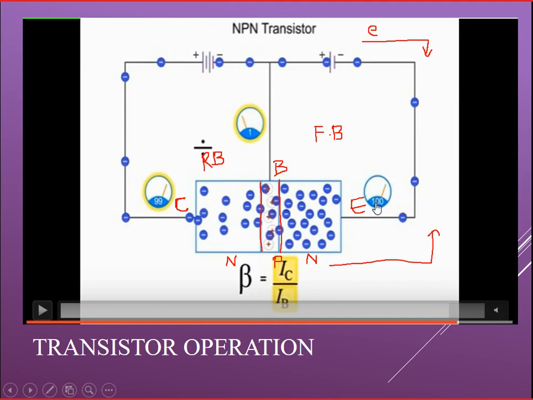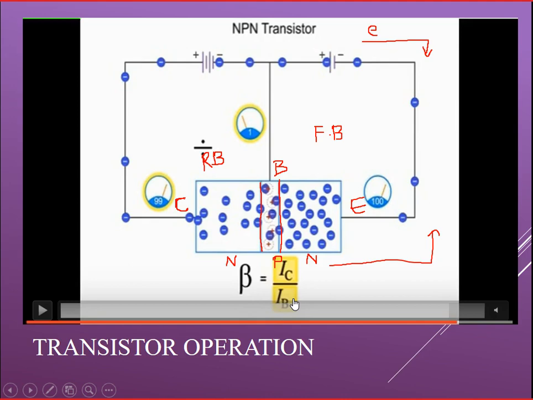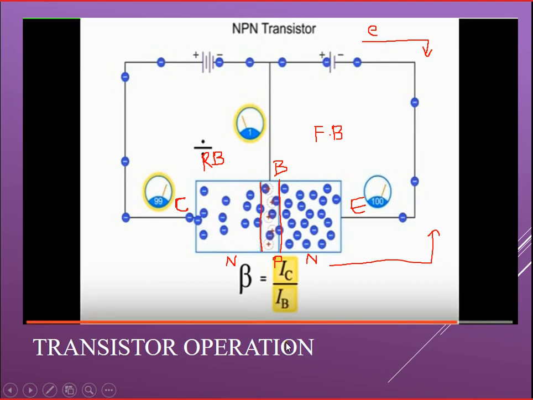The amplification factor beta is nothing but the ratio of collector current to base current. The base current is your input. So beta equals IC by IB, otherwise IC equals beta into IB. This is the main formula you have to remember.